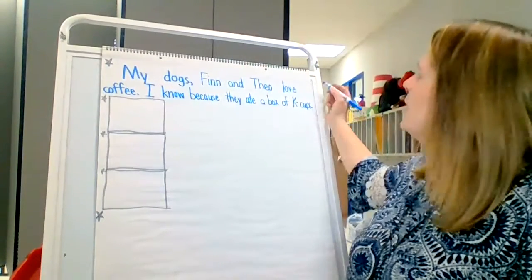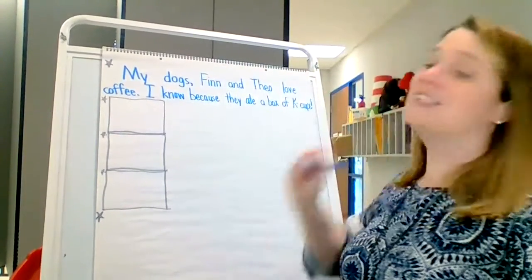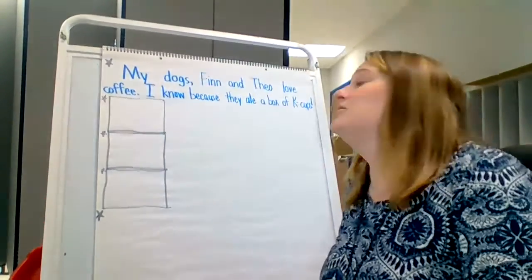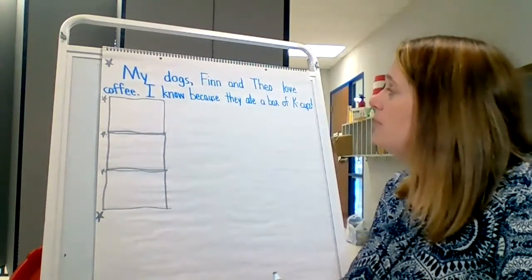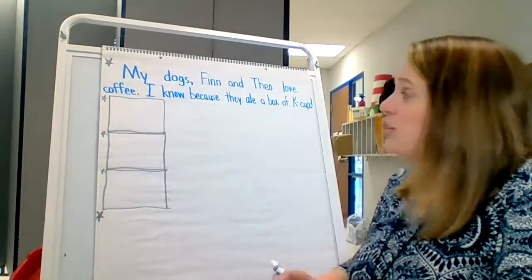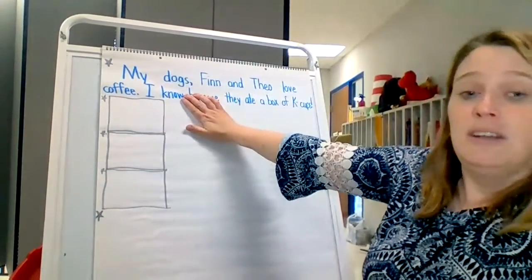They ate a box of K-cups! I'm gonna put an exclamation mark because that was a lot of caffeine. I wouldn't have been able to sleep if I had eaten that much caffeine. Okay, so mine is 2 sentences.